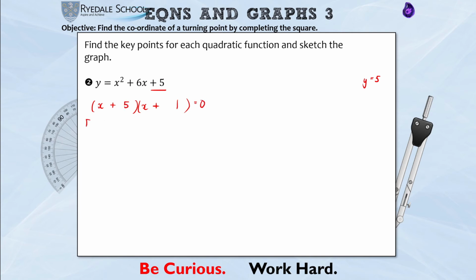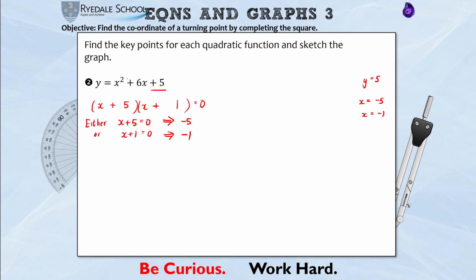So either x plus 5 equals 0 or x plus 1 equals 0. So I get two answers of -5 and -1. So those are going to be my x-intercepts.